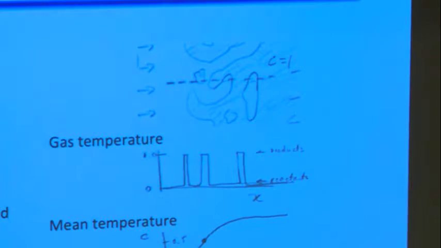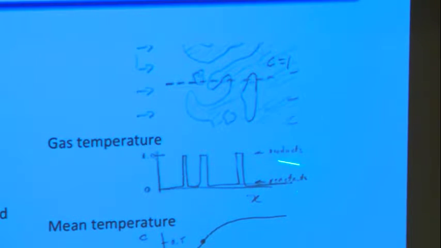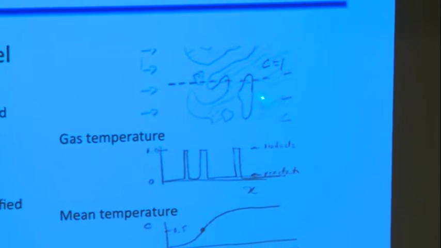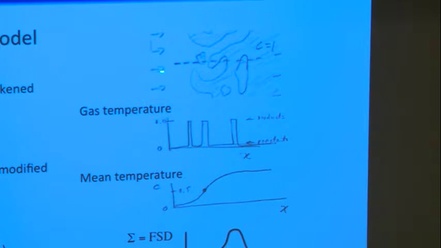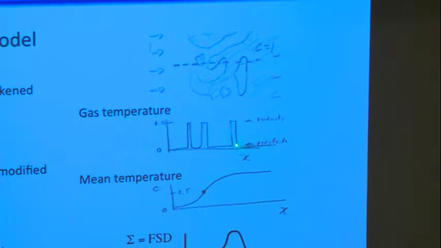And Professor Bray, a long time ago, realized that the PDF of this reactiveness is going to be bimodal. So in other words, it's either going to be 1 or 0, except when this thin line is present at a point, and it's not too often. So this is the gas temperature as a function of time, and it's just either up here or down here.